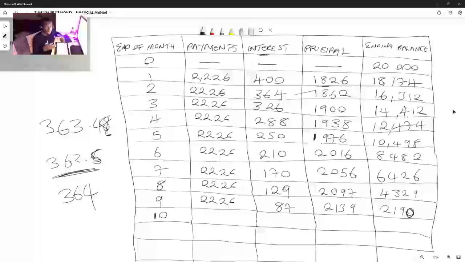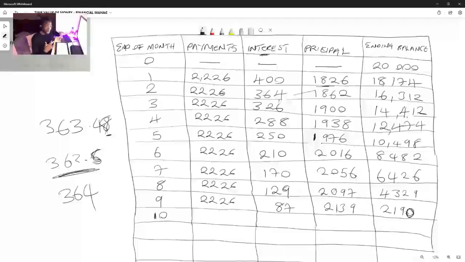This is how our amortization schedule now looks after filling in most parts of it. From period 9 or month 9, we have our payment of 2,226, then our interest of 87, our principal of 2,139, and our ending balance of 2,190.